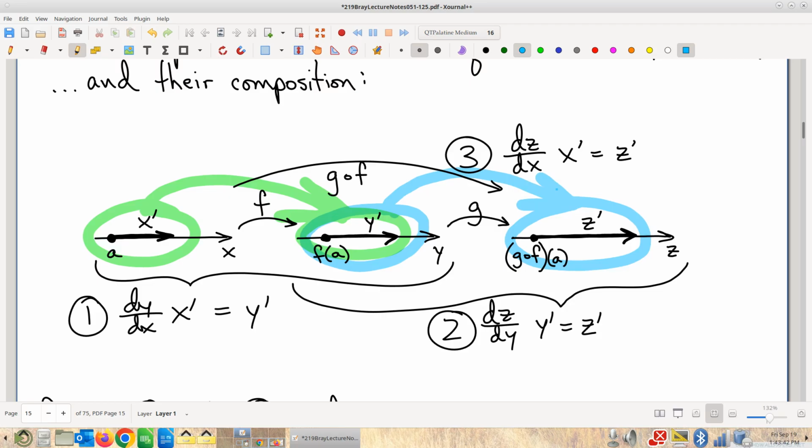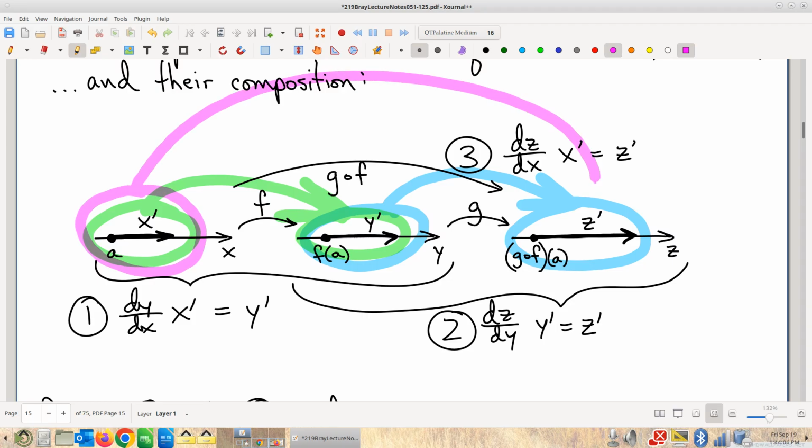Okay, now, what about the composition, G compose F? In other words, do F first and then G. Where is the derivative of that composition on this picture? Well, derivatives, the way we're talking about them here, are multiplicative factors. And so the derivative of the composition here is what you multiply by that to get that. Right? dz dx, you might say.